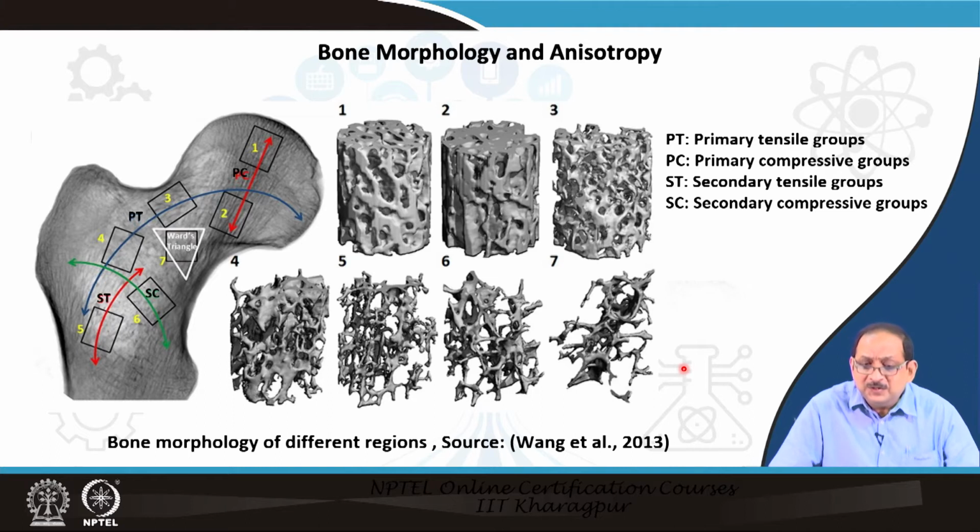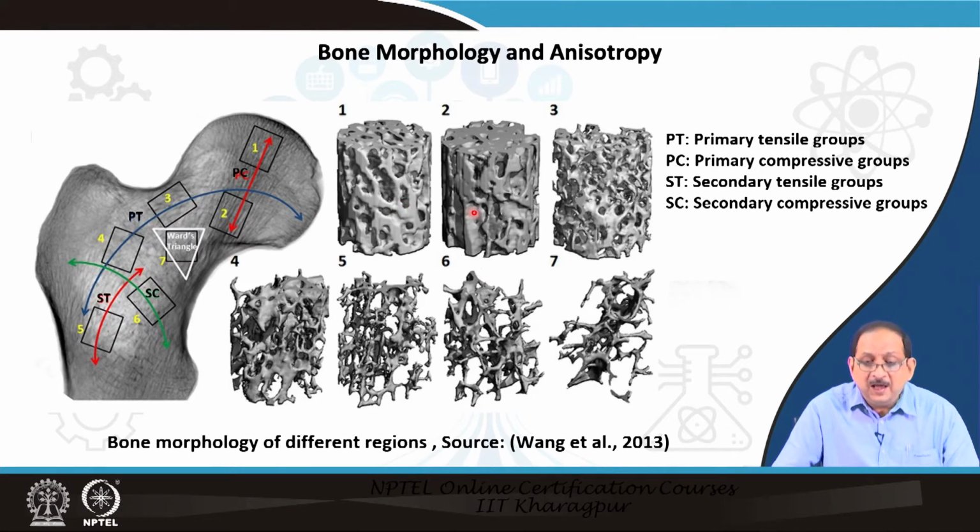Now, let us discuss bone morphology and anisotropy. Loading influences bone morphology and hence the trabecular orientation. The image shows the morphology of bone samples. There are about 7 samples from different areas of the proximal femur.